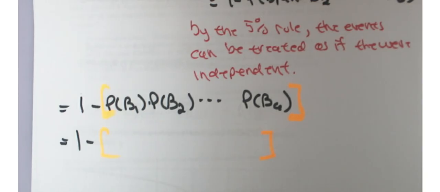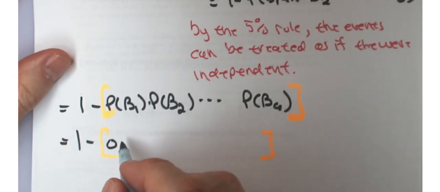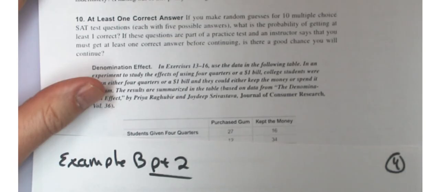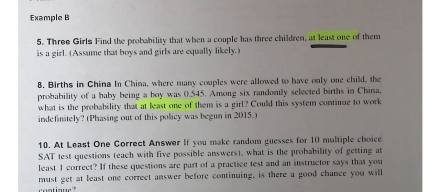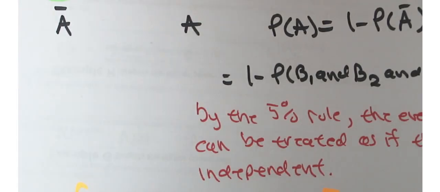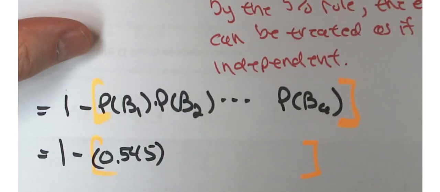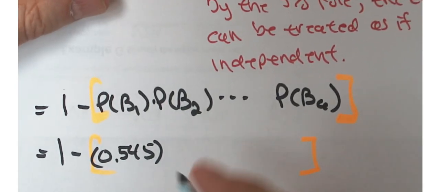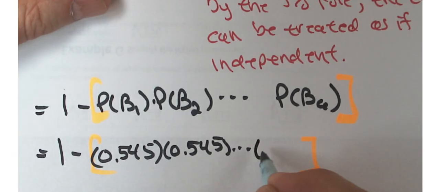The probability of a boy is 0.545. That's the first one being a boy. How about the probability that the second one's a boy? Same thing, 0.545.